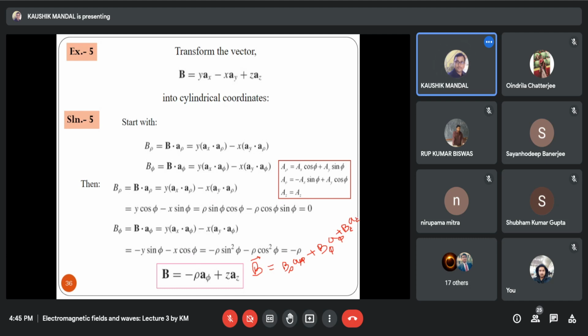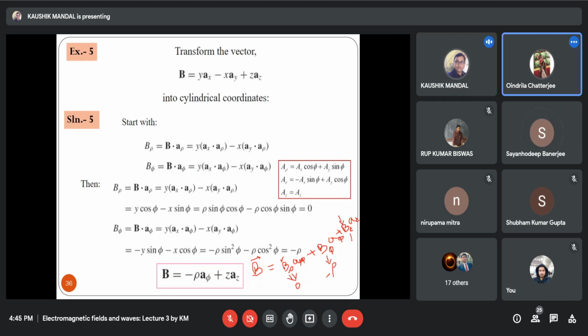Now you see, we have found out b rho. B rho equal to 0. What about the b phi? B phi is equal to minus rho. And what about the z? What will be bz?